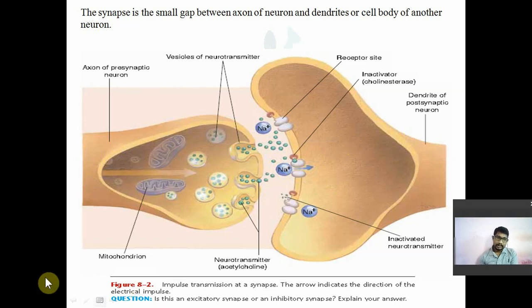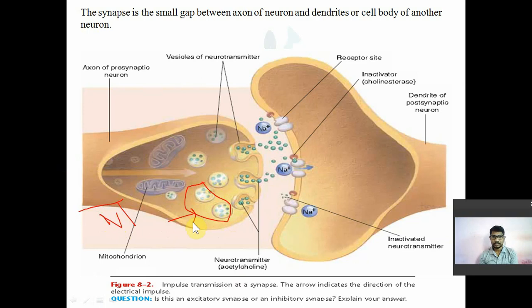This is known as the presynaptic neuron, and in the presynaptic neuron there is synthesis and storage of neurotransmitter. Particularly they are stored in vesicles known as synaptic vesicles. तो यहाँ पे ये store हो जाएंगे synthesis होके.